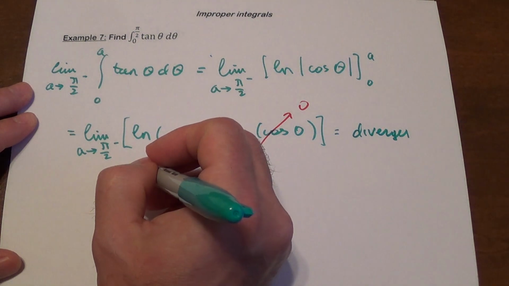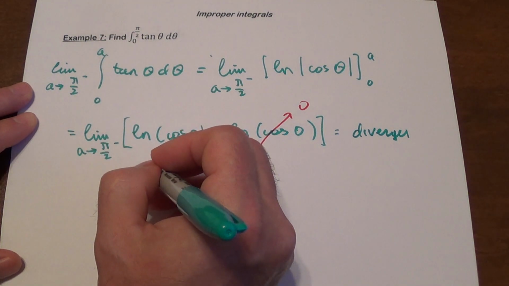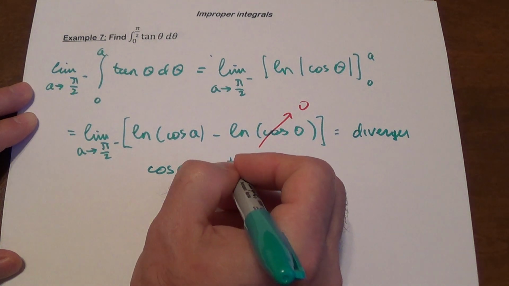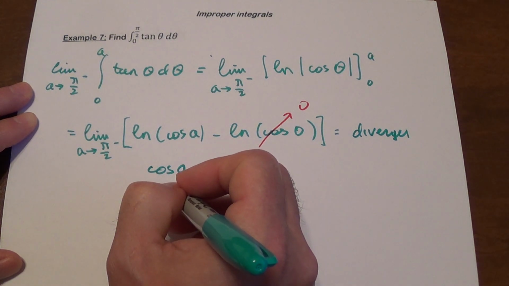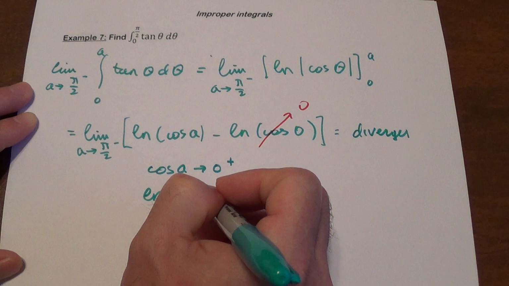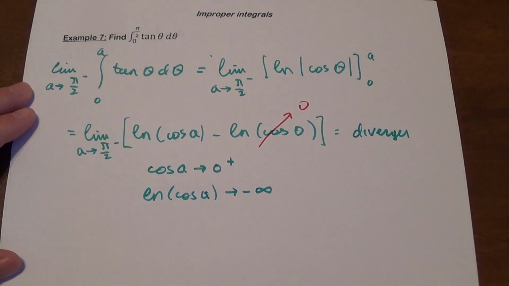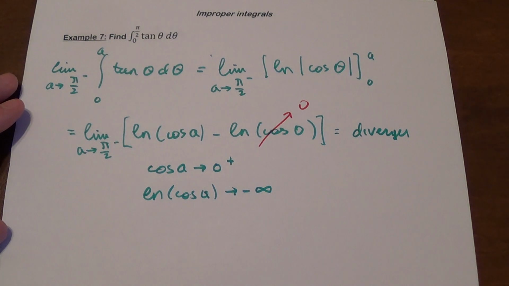So as this happens, cosine a is going to approach 0 from the right, which means ln of cosine a is going to approach negative infinity. That's not going to work, so it's undefined.